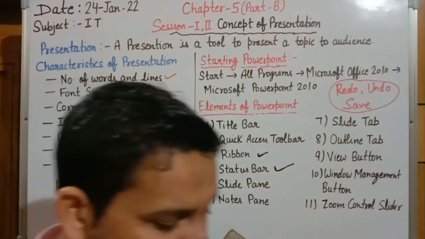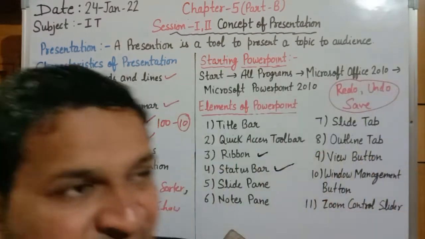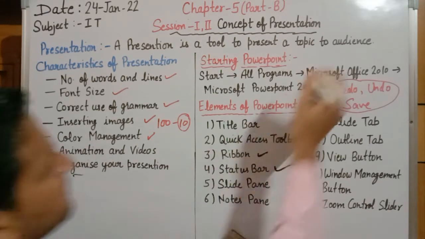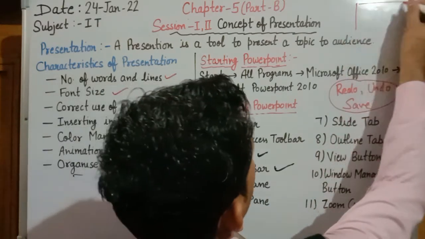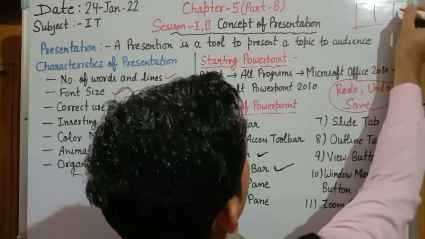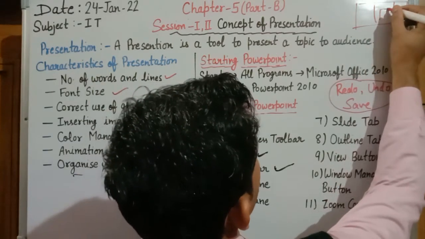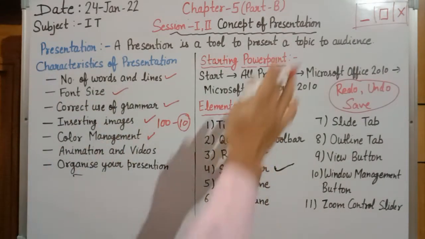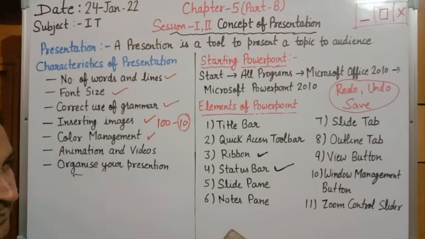Next is the window management button, that will help to manage your window size. It is on the right corner of your document. Everybody has seen this part. It is divided in 3 parts: close, maximize, minimize your document. This is known as the window management button.